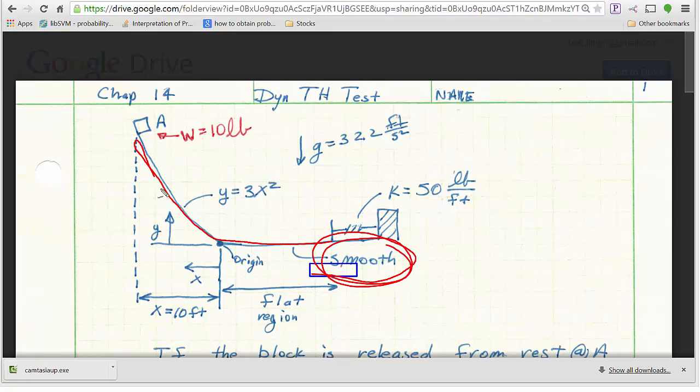All of this surface is smooth everywhere. So all you need to do is account for the block weighs 10. That's all you need to account for. There's your spring, there's your g. I don't know what that arrow is showing up there. Anyway, all you're accounting for is that.